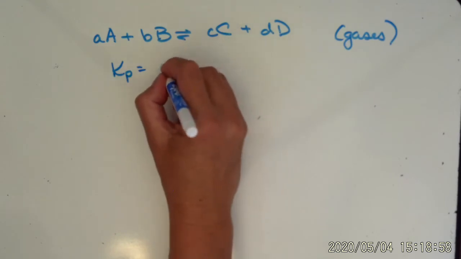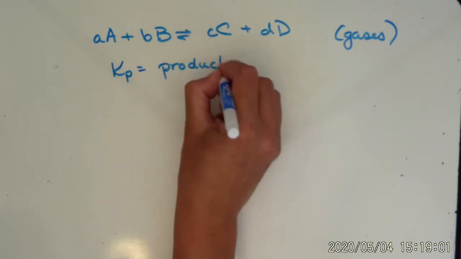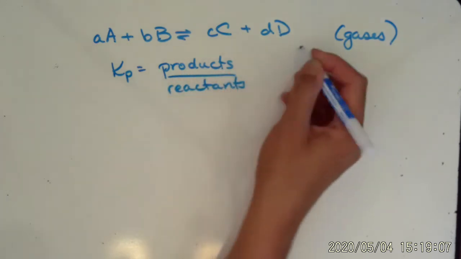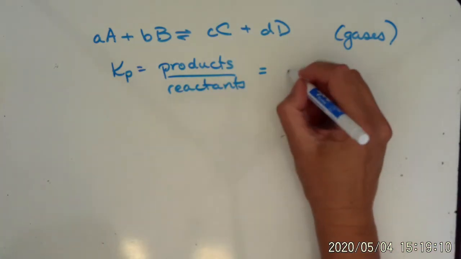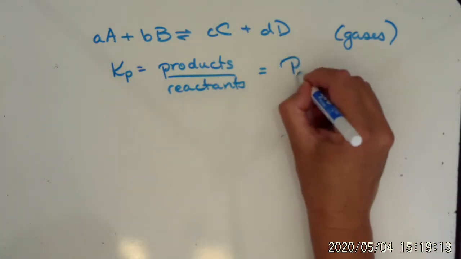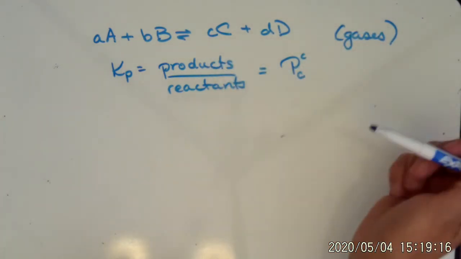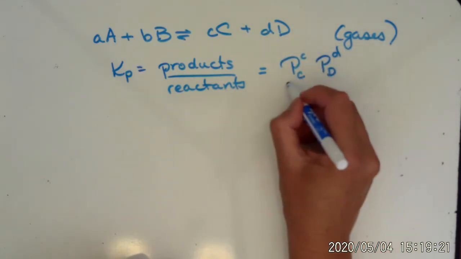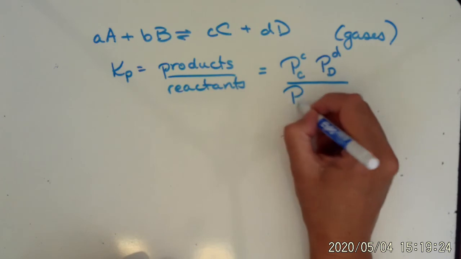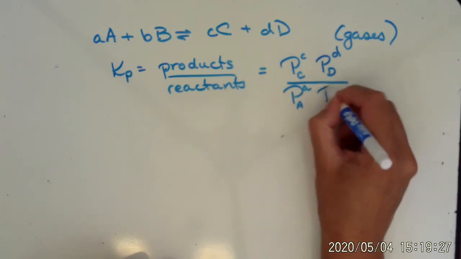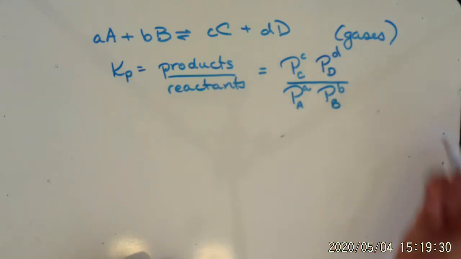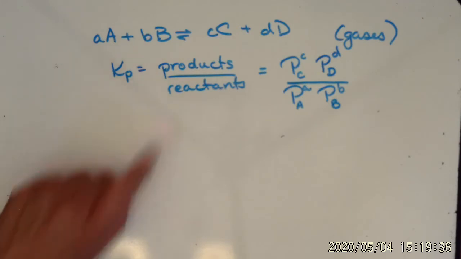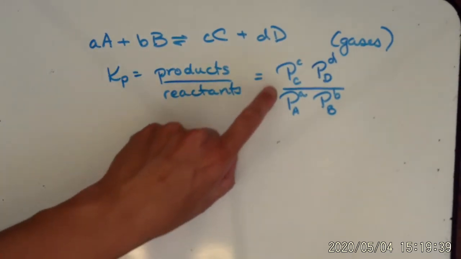It is going to be products over reactants, that's going to be equal to partial pressure of C to that power, partial pressure of D to this power, divided by the partial pressure of A to the a power and partial pressure of B to the b power. Okay, so that's our expression for Kp. Again, products over reactants, but since everything is gases, we get to use partial pressures.